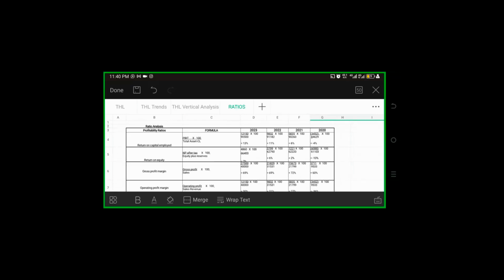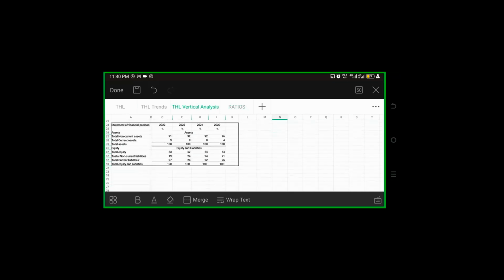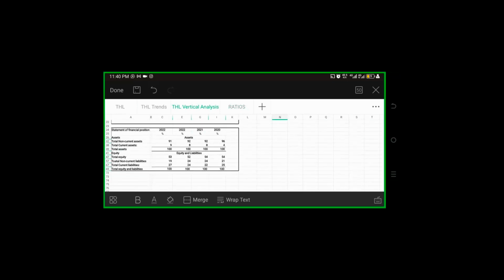So, what's the vertical analysis that we did? If you look at the current assets, I'm seeing current assets of 9%, and the current liability is actually 27%.